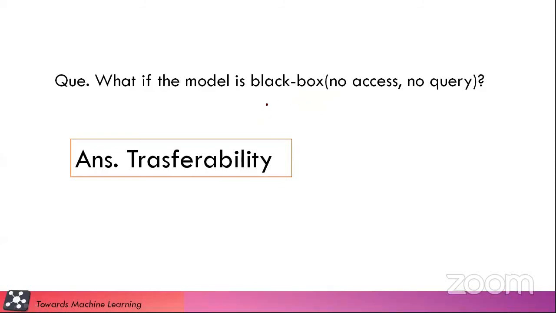Now I will forge an adversarial example on the network which I have created, and then there's a high probability that the same adversarial image is adversarial for your black box model. That is called transferability.